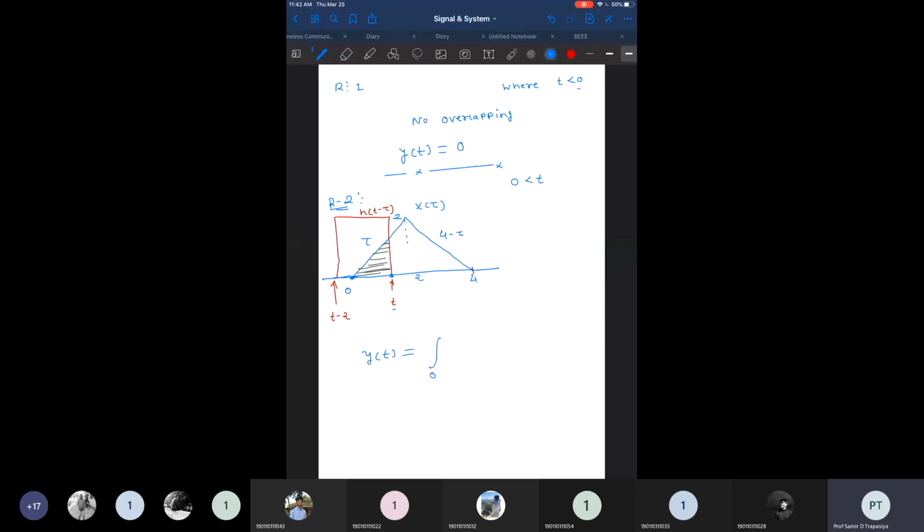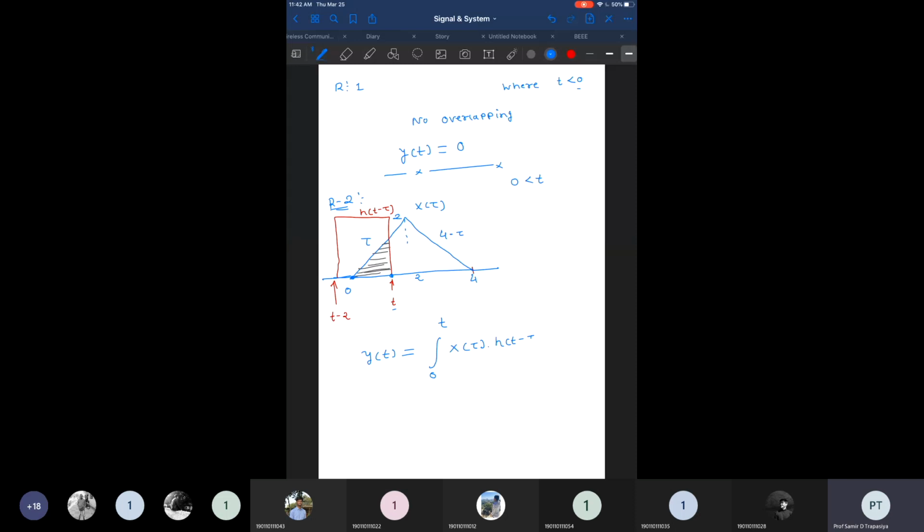Now if we place all these values here, we can see the value of x of tau is 2, and h of t minus tau is actually the value of tau, right? This is the function tau in this region.